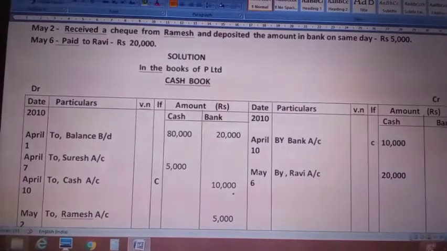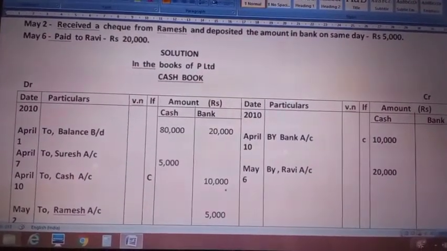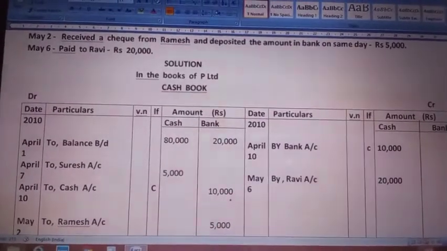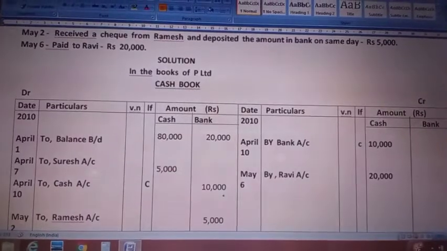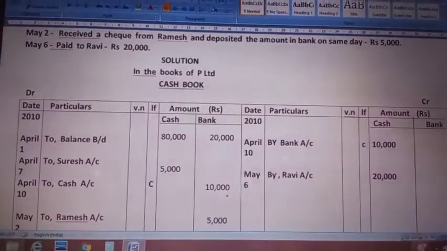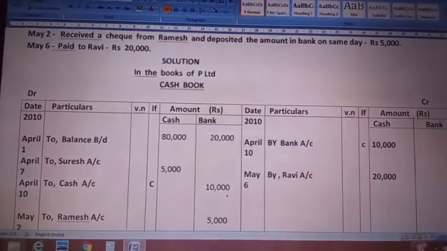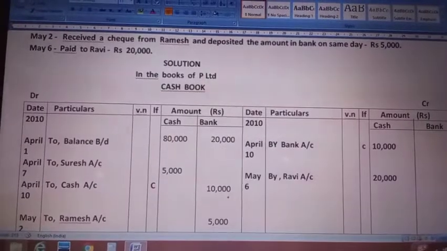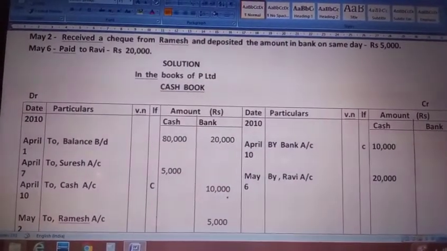But sometimes it might happen that we are receiving the check on a particular day, but on the same day we are not depositing it. Okay, so in that case, whenever we receive the check, we will simply pass a journal entry. There will be no entry in the cash book. But if we have received the check and deposited it on the same day, then we will only enter it in the cash book.